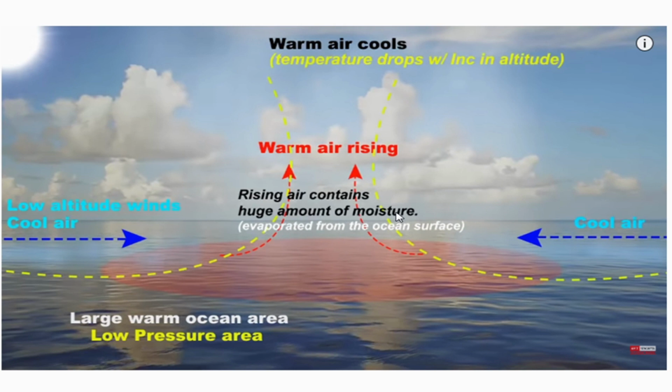Yan. Warm air rising, kapag po tumaas yung mainit na hangin pataas, dito po sa pinakataas, lumalamig po yung warm air. Temperature drops with altitude. So, yun po nangyari. Ito po ang nag-form ng eye.